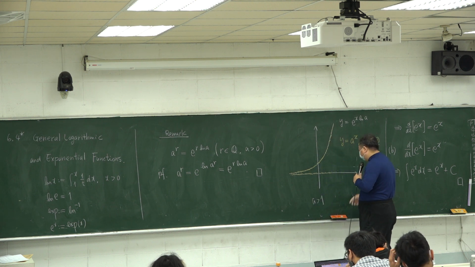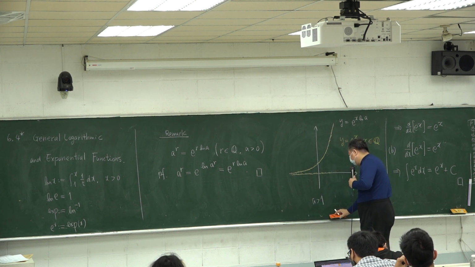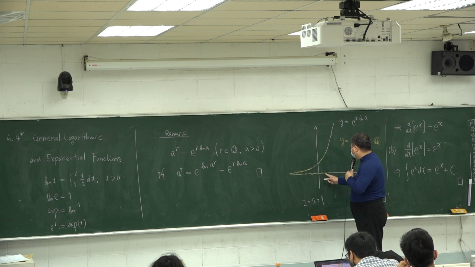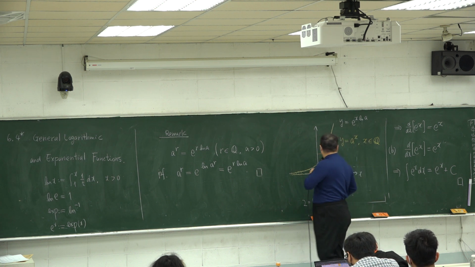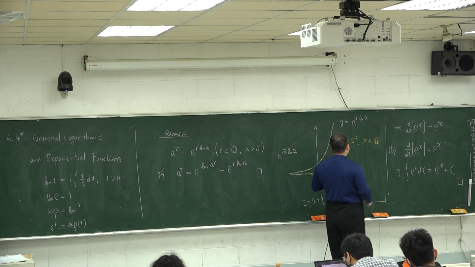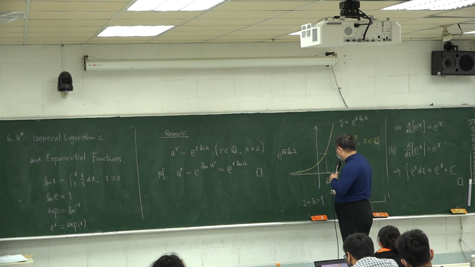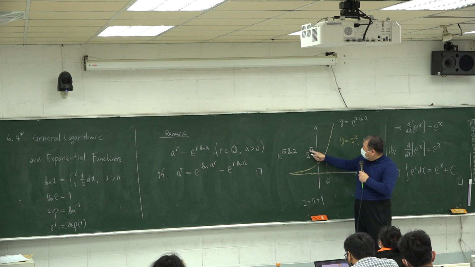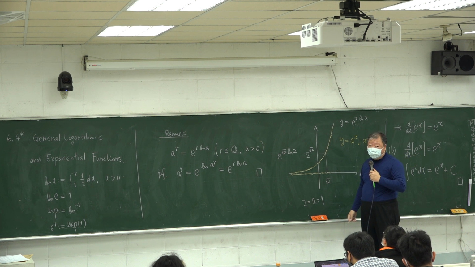For example, if a equals 2, here is 1, and here's the square root of 2. Here, this number is defined. But this one is undefined, because this is an irrational number, square root of 2, irrational, right?